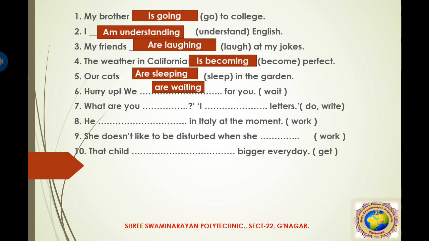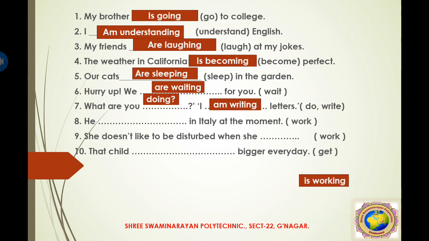What are you dash? Here we require the form of do and write. So do means doing, the ing form, and then write, the new form of ing, writing. And the helping verb is am. So here is: I am writing.